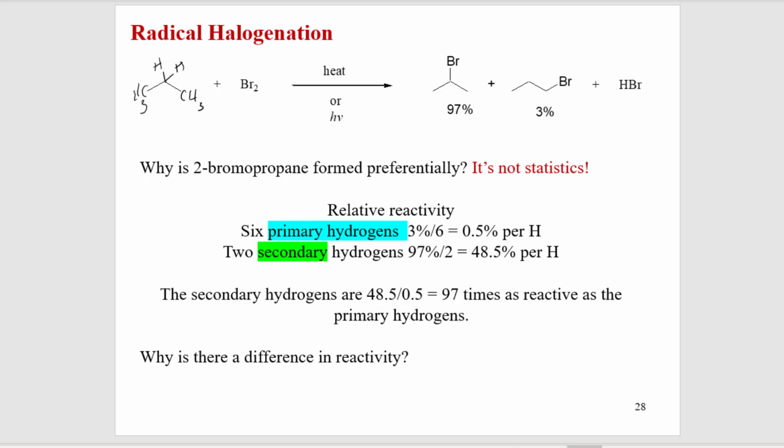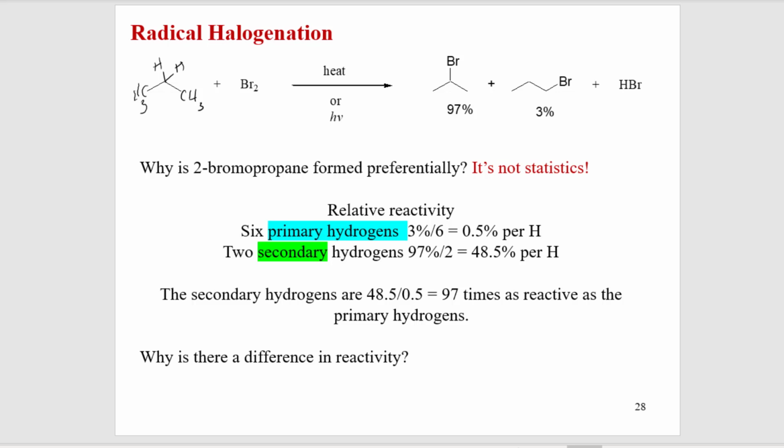From a probability and collision standpoint, you're more likely to get the ones on the end because there are 6 opportunities to pull off those hydrogens and put a radical there versus the 2 in the middle.